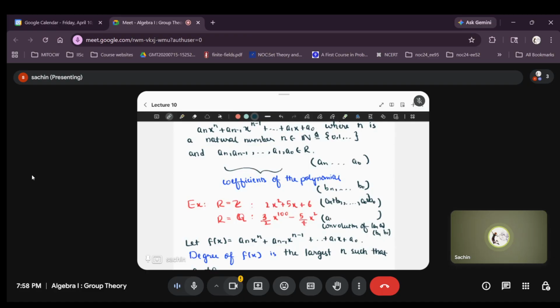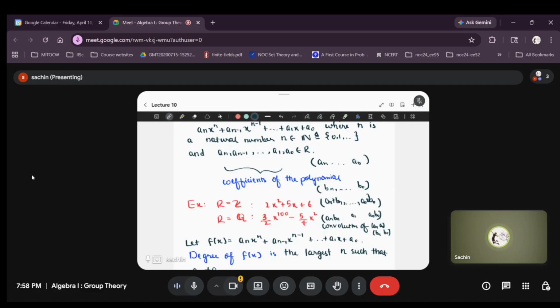The first term would be an and bn. Then you would get an minus 1 b0 plus something like that. This would be a0 b0.